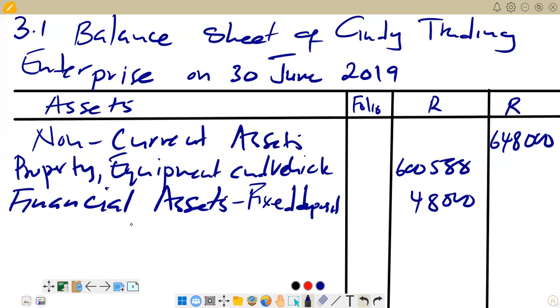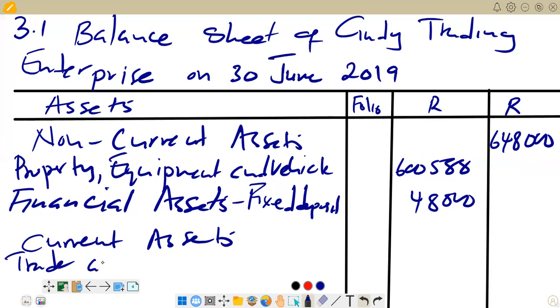Then we can go to current assets. On current assets, remember, we also did a note for trade and other receivables.